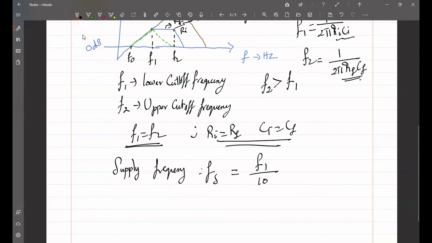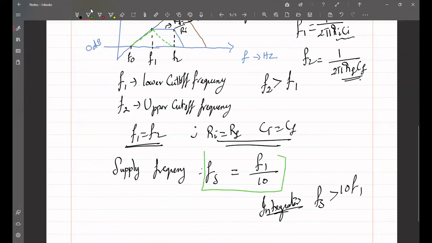In terms of an integrator, the supply frequency will be greater than the cutoff frequency, 10 times higher. But in case of a differentiator, the supply frequency will be 10 times lesser than the cutoff frequency. So this is the important thing you should know.